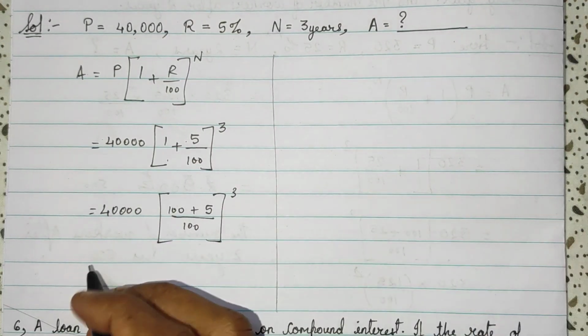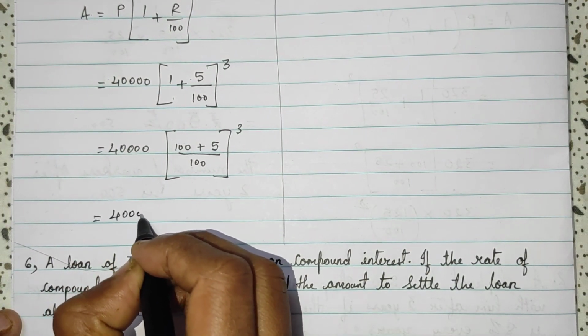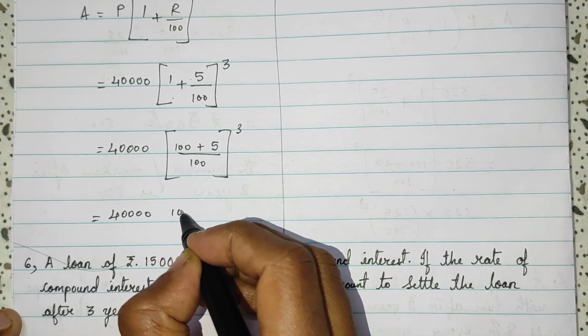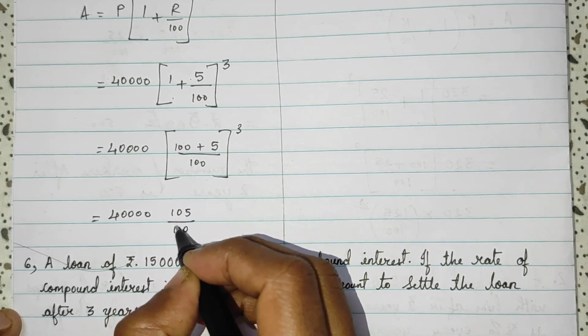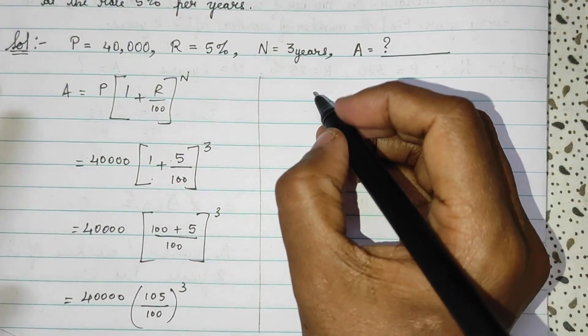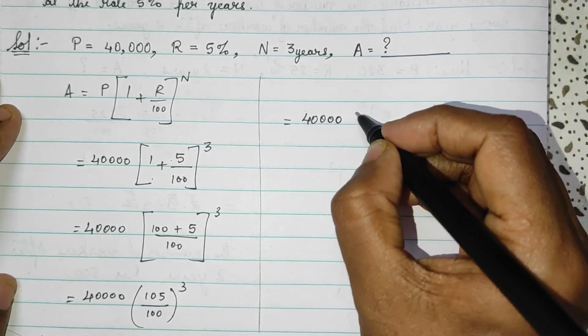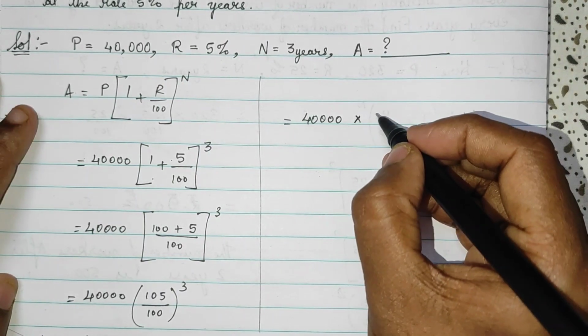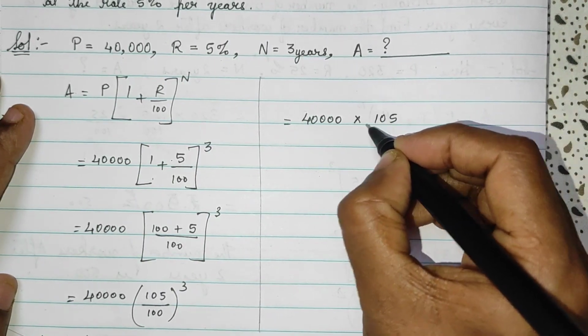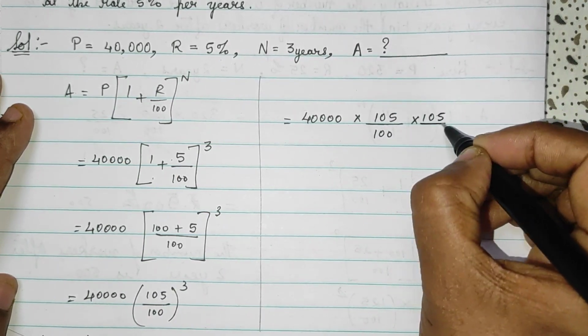So when we add it, 40,000 into (105/100) raised to 3. So that is 40,000 into 105/100 into 105/100 into 105/100.